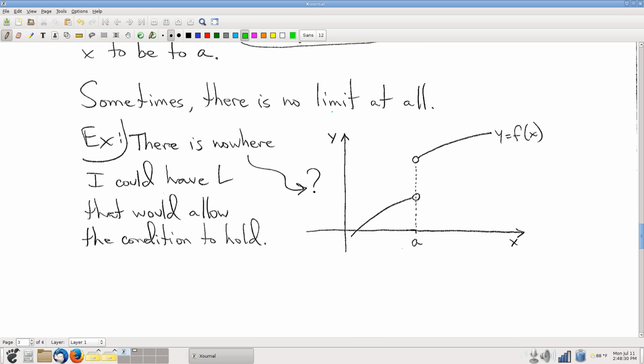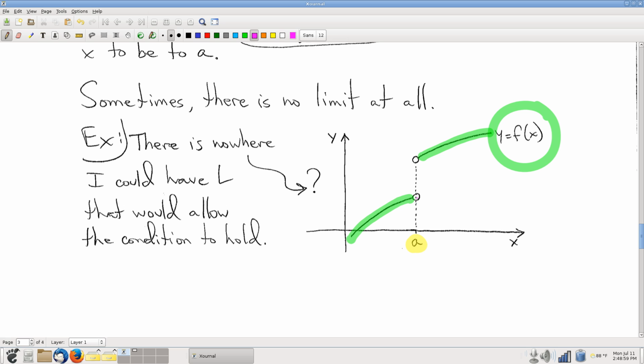Sometimes there isn't a limit at all. So let's look at this example. Here's a function. This function is defined for all the values pictured here other than a. The function is not defined at the point a. And is there any place that I could put the limit, that I could put L, that would satisfy the required condition? And no, there really isn't. Let's play the game a few times.